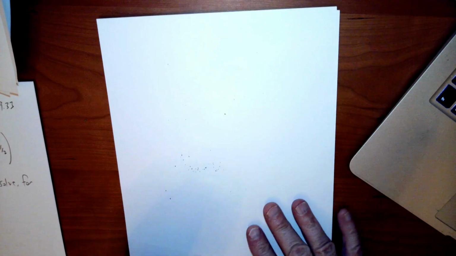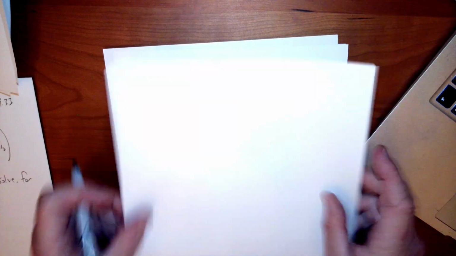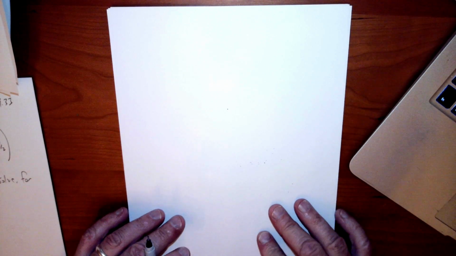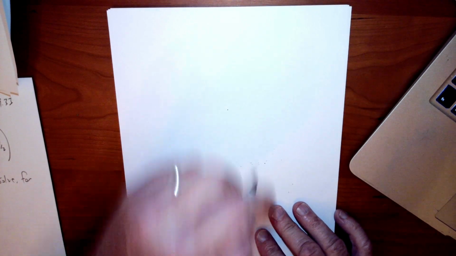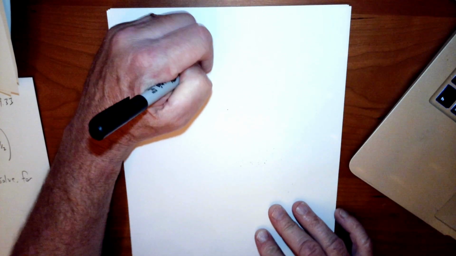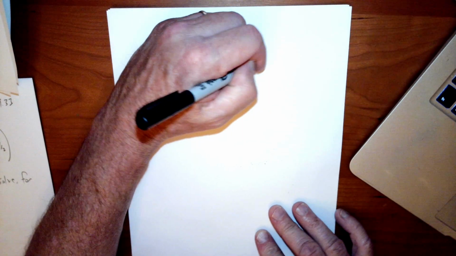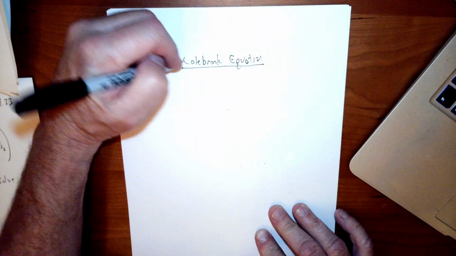So finally, you need a relationship for f. If we've got those three things, there is a relationship that relates those three characteristics to the friction factor. Here's the formula. It's called the Colebrook equation. And here's what it is.